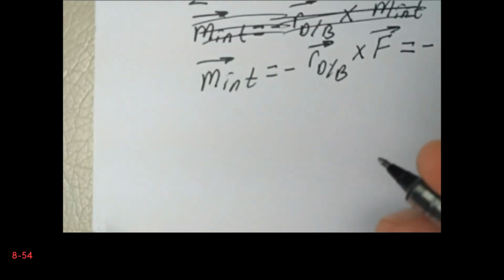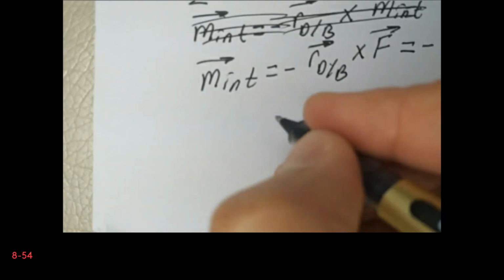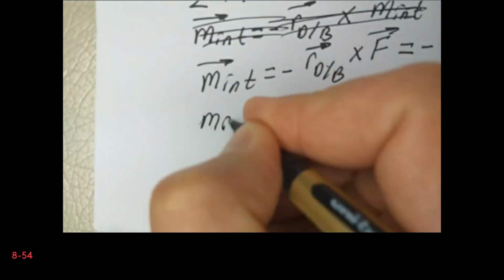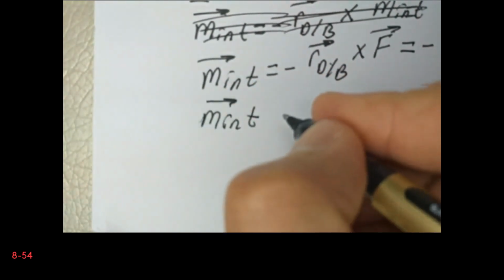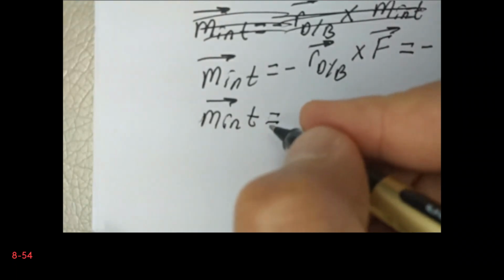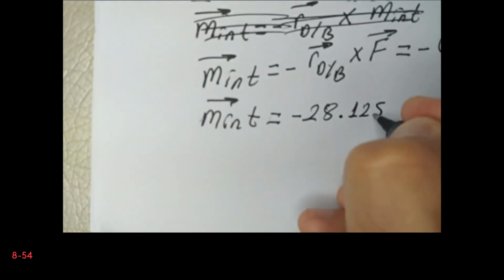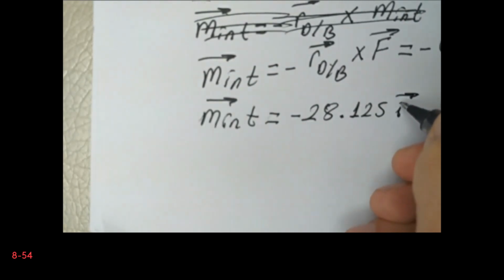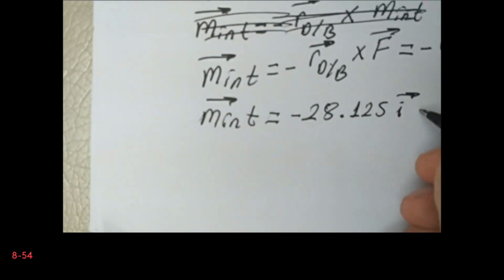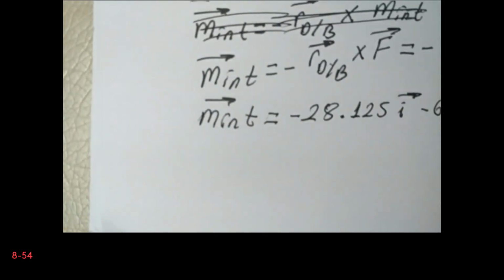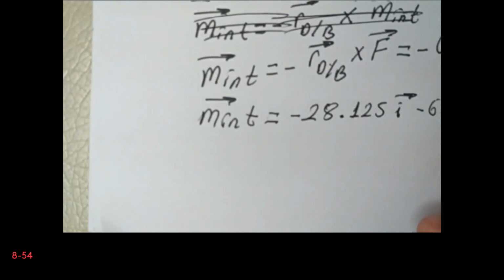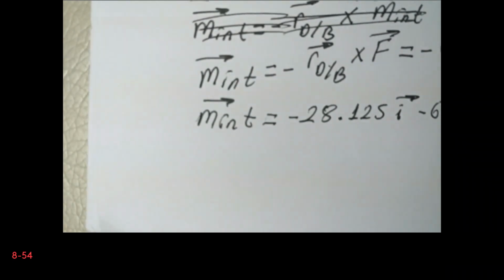Now, if you put the values and do the calculations, what you are going to get for the internal moment is minus 28.125 I vector minus 63.75 J vector minus 75 K vector, and the unit is Newton meters.